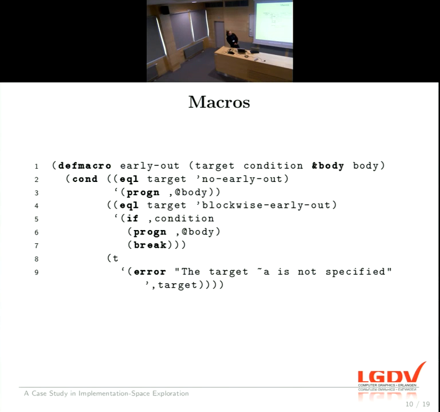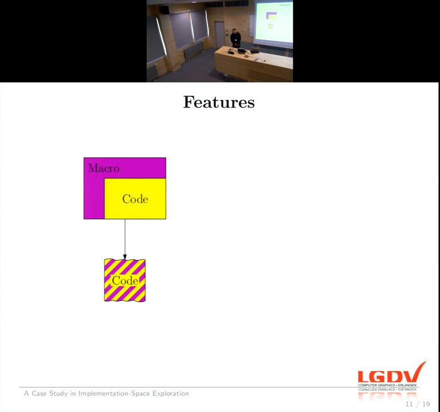For example, when we use the blockwise early out, then we get the body itself and introduce an if statement with a break. But of course, that's not really nice to use because we have 8 different variations. And when we try to combine them, they depend on each other, and it's not really nice to handle.